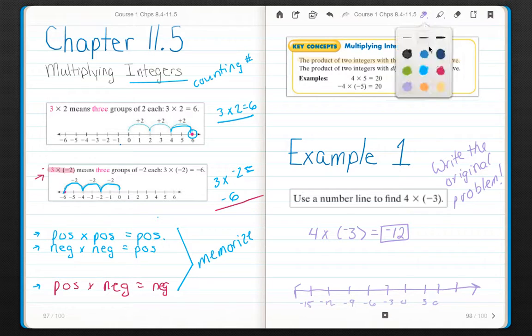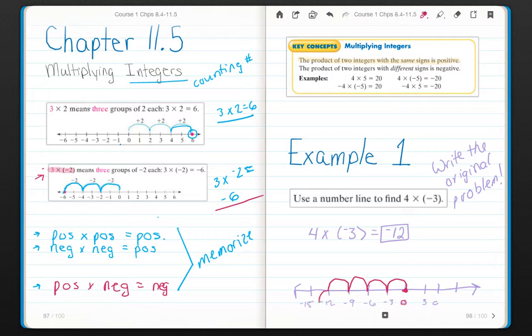So if I start, this is 0. It's not a very good one, sorry. If I start here at 0, I'm going to go 4 groups of negative 3. So there's one group of negative 3, 2 groups of negative 3, 3 groups of negative 3, and 4 groups of negative 3. So using a number line, my answer is negative 12.